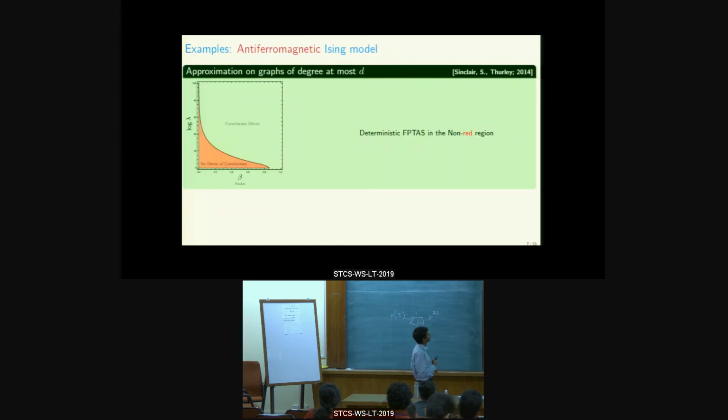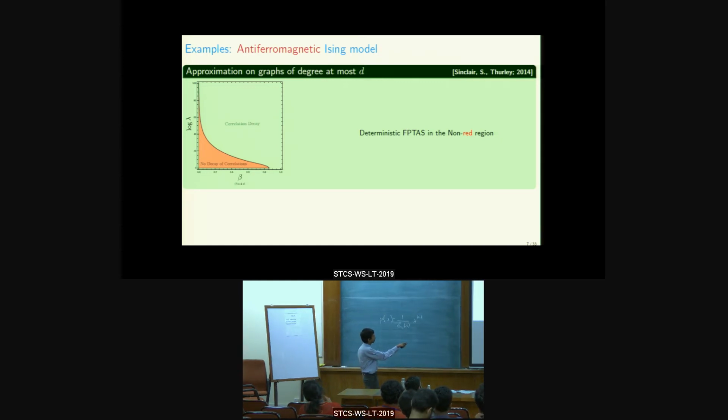Let me first just mention a result. One example where you can use this correlation decay method to approximate the partition function is the anti-ferromagnetic Ising model that I mentioned earlier. This is the case where you favor disagreement. Remember that you have two parameters, beta and lambda, but here I'm plotting log lambda. And what you can do is draw a curve in this space, and I'll say what the curve is later on.